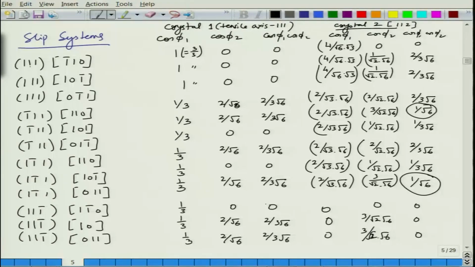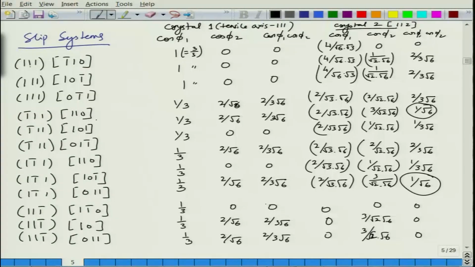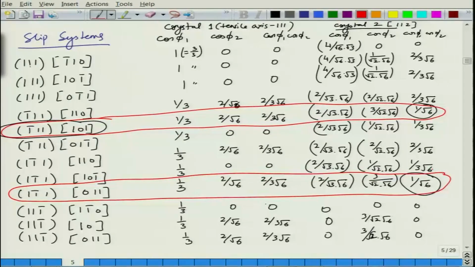So, crystal 2 will slip first on the slip systems which are basically bar 1 1 1 1 1 0, okay, sorry, not this one, it would be the next one, bar 1 1 1 1 0 1. So, essentially we can say it is this slip system which shows higher shear stress, and then we have this slip system which shows higher shear stress.